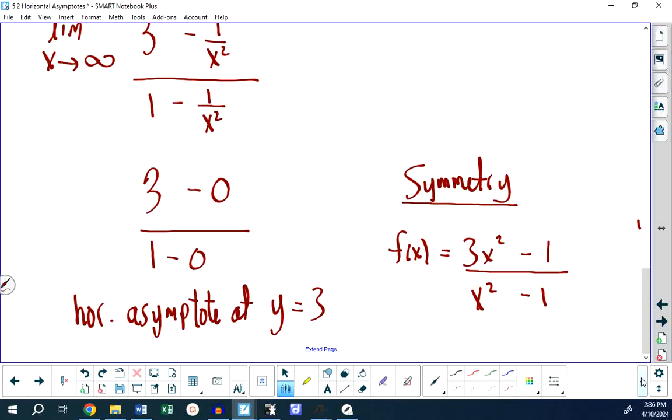I don't think there's really any work that we need to show here. It's even, because if you put negative x in for x, you'll get the same function. So this is even.